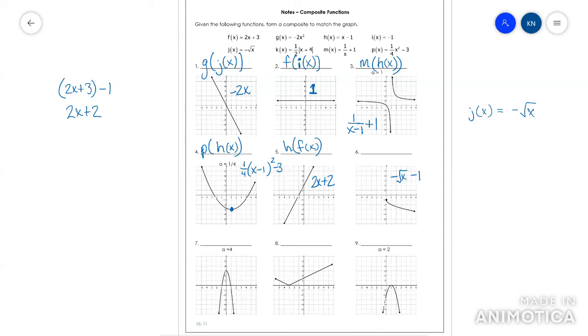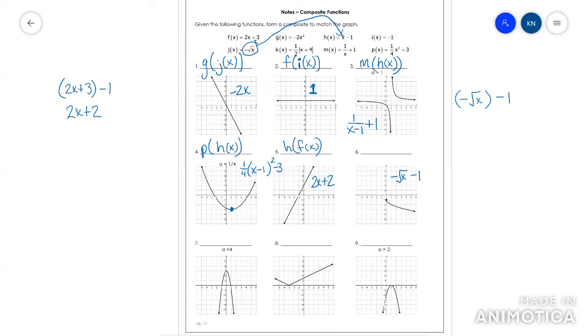Now I just got to have an extra minus 1 here. So I'm looking over here at h of x. And basically, I'm just going to take j of x and plug it in for h of x. And if you did that, you would get negative root x minus 1, just like that, which is the equation we want.